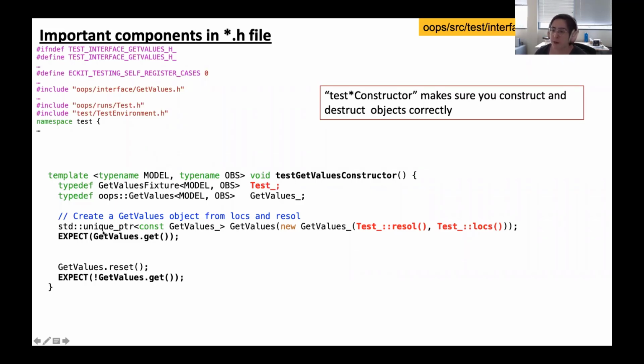For example, in this example, you can see that we are creating this GetValues object from the resolution and locations that we read in the test fixture. After that, we make sure that it exists using the EXPECT command. Then we destruct that GetValues object, and we check to make sure that it's destructed correctly.